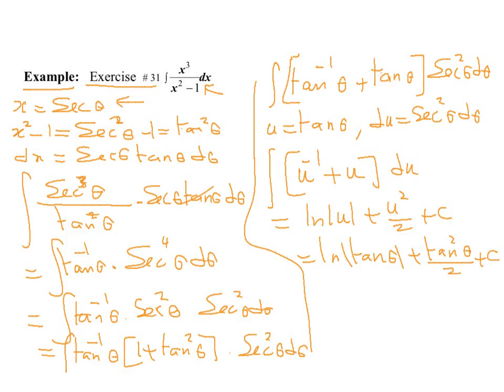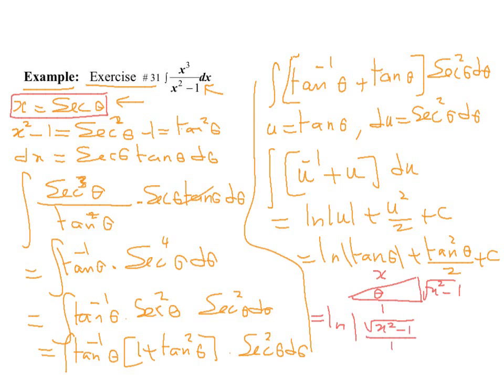Now, from this substitution, we can draw the triangle for theta. Secant theta is x, which is hypotenuse over adjacent, so the opposite side is the square root of x squared minus 1. So this will be equal to ln tan theta, which is opposite over adjacent, plus tan squared, which is x squared minus 1.